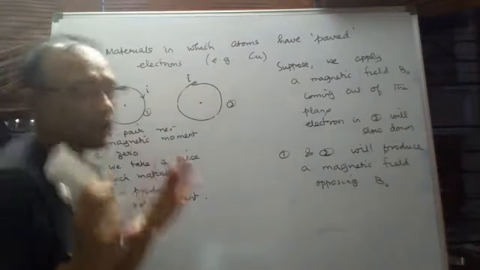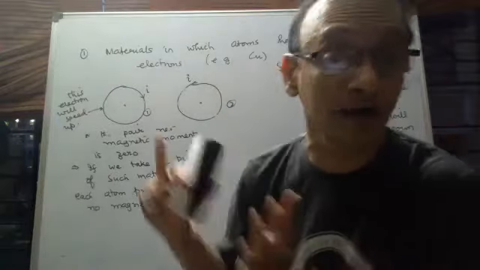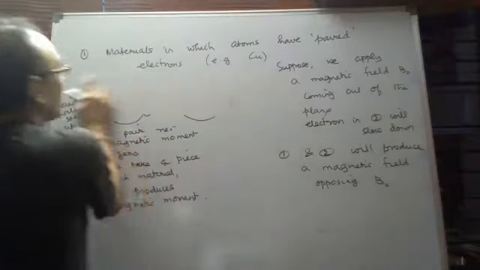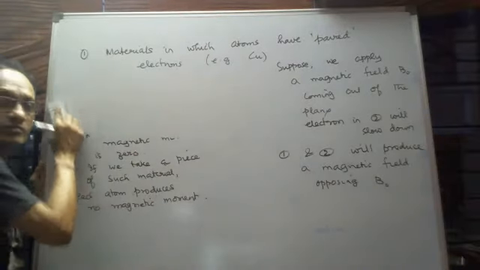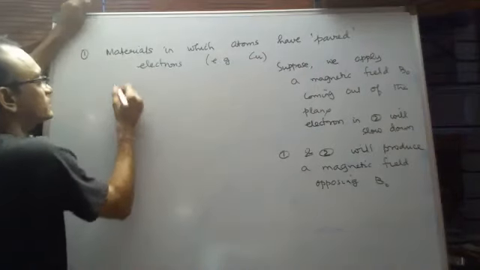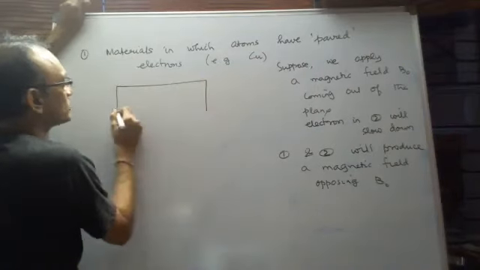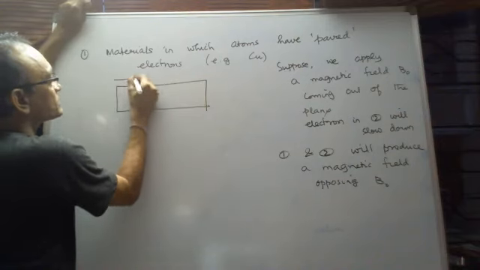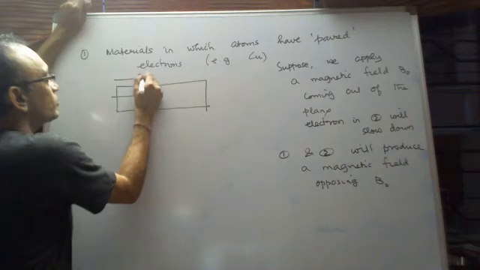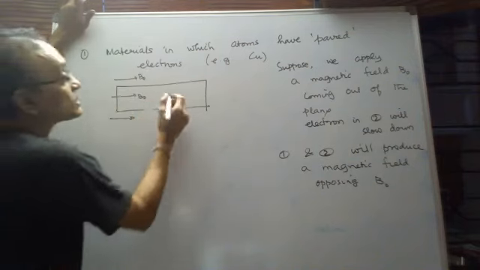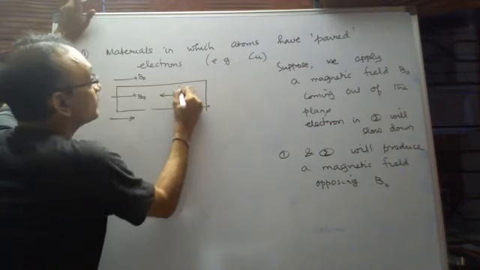So this is what will happen. I have explained to you at the atomic level what is happening where there are paired electrons. If there is a piece of matter like this with paired electrons, and I apply an external magnetic field B naught to this, then the induced magnetic field will oppose B naught.